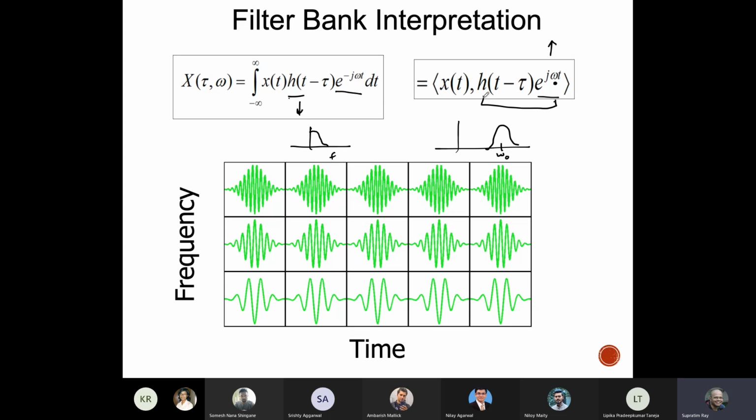So the Fourier transform can also be thought of as a filter bank interpretation, where you are filtering with a bank of filters that are uniformly spaced. And every inner product here gives you one value, and that is the Fourier transform. So even the Fourier transform has a trivial filter bank interpretation.